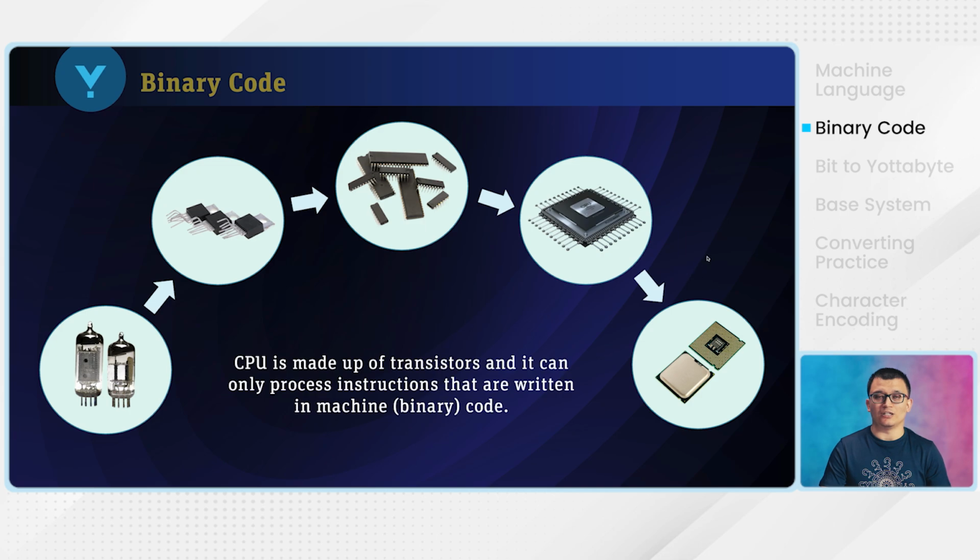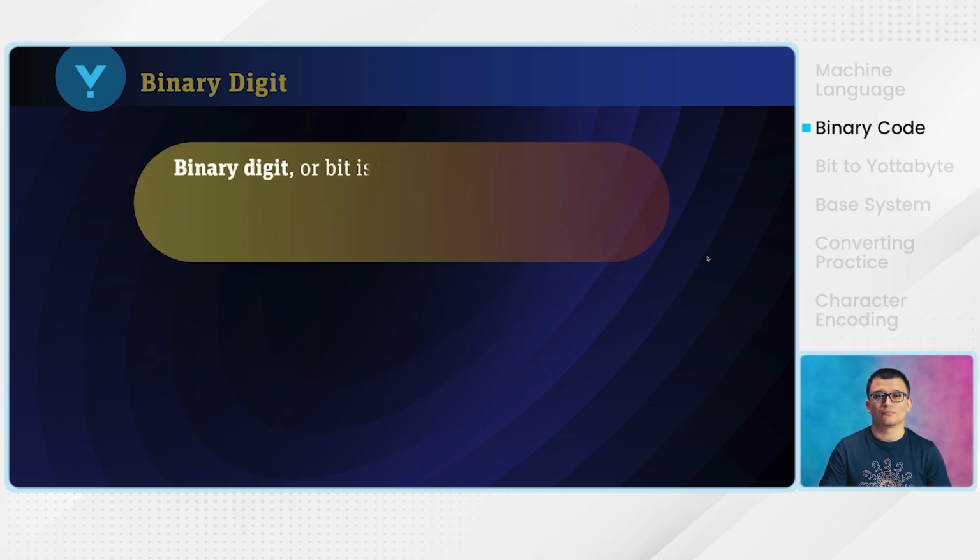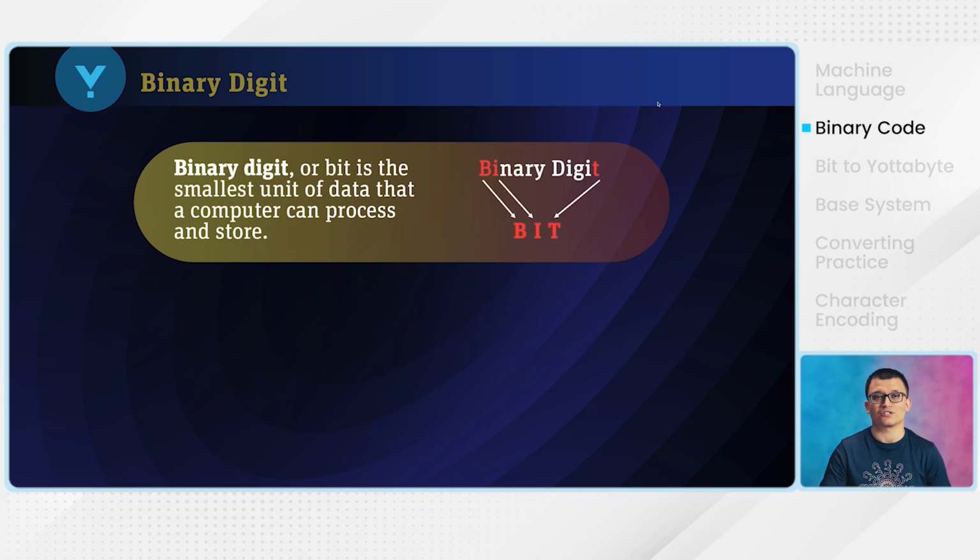And the binary code includes binary digits, which are also known as bits. A binary digit is the smallest unit of data that the computer can process and store easily. It is a numbering system made of zeros and ones.